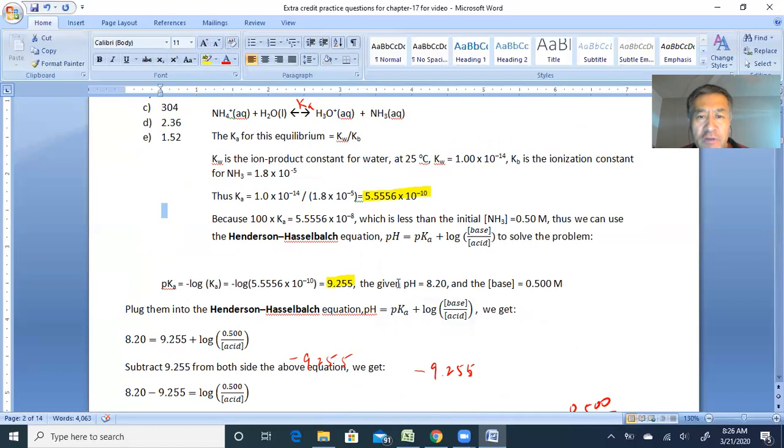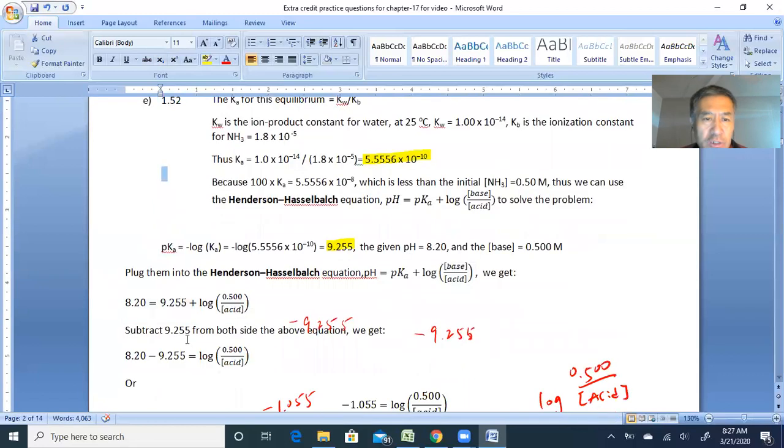So the given pH, or the desired pH, equals 8.20, and the base concentration is 0.50. We plug this pKa, this pH, and this base concentration into our Henderson-Hasselbalch equation. We get this equation. And then we subtract 9.255 on the left, and subtract 9.255 on the right. So we get this new equation.